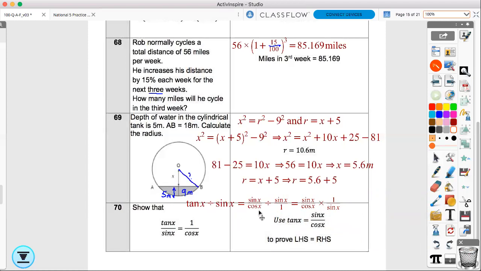Now we've proved that that left-hand side is the same as 1 over cos x, because to finish this off, you would just say, I can simplify that, and that is just 1 over cos x.